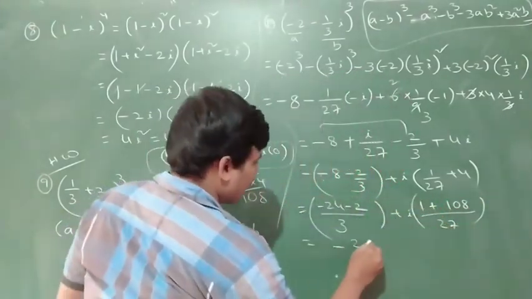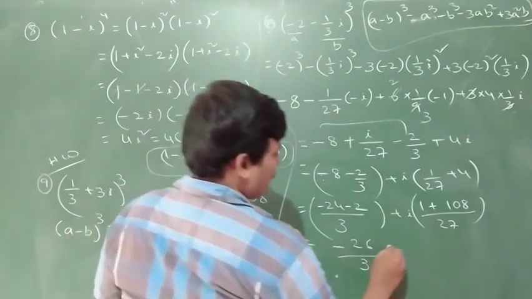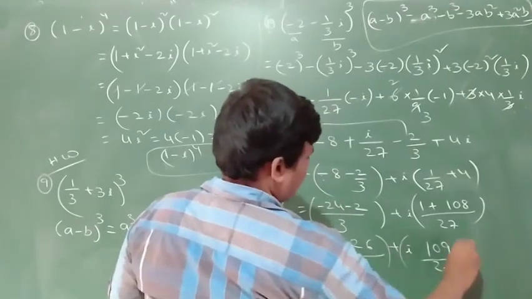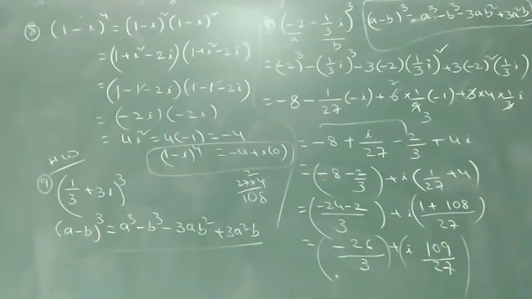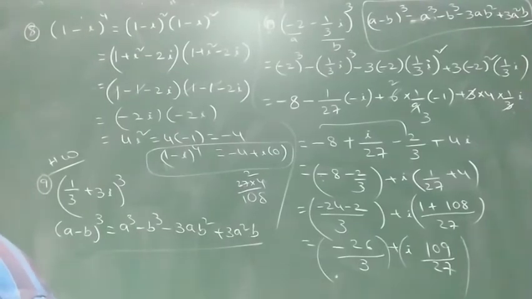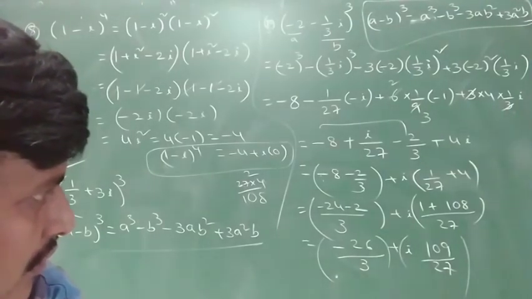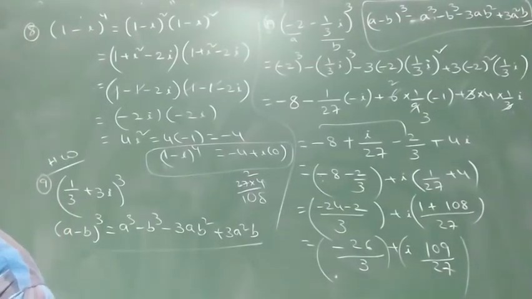So that is equal to minus 22 by 3 plus i into 109 by 27.